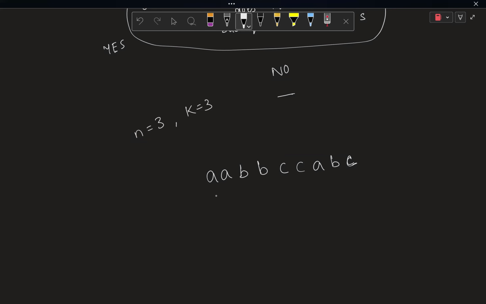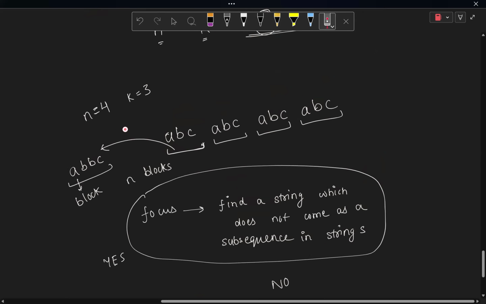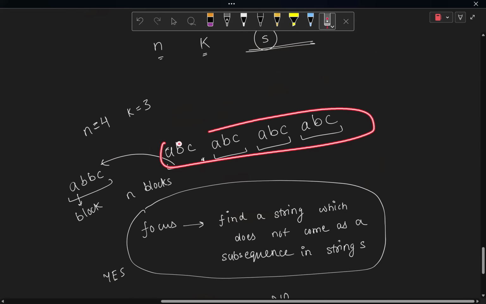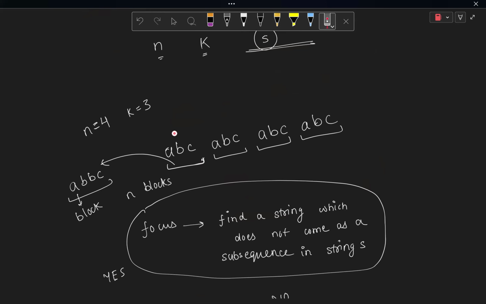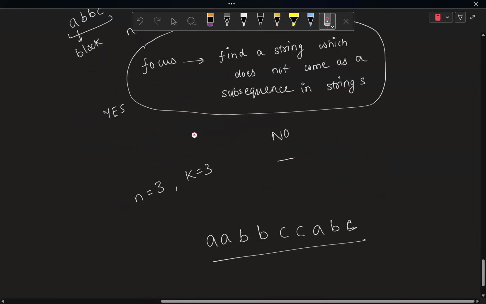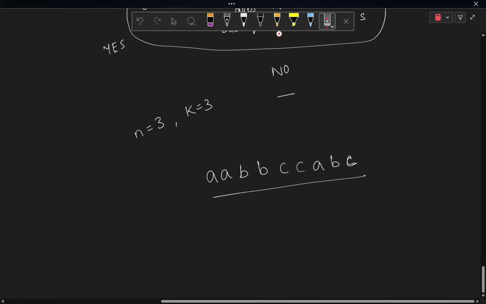In this case, I want to find the answer. So there are multiple ways in which you could try to think about it. Is this necessary and sufficient? Yeah, I think it is necessary also, and it is sufficient for sure. For now, let's come back to this part.